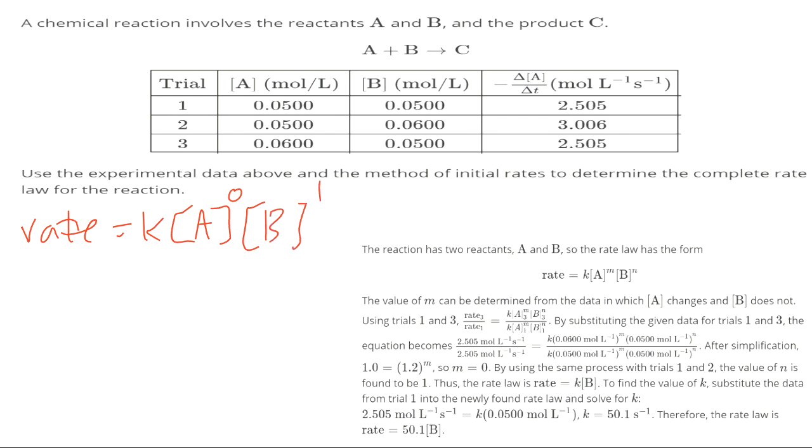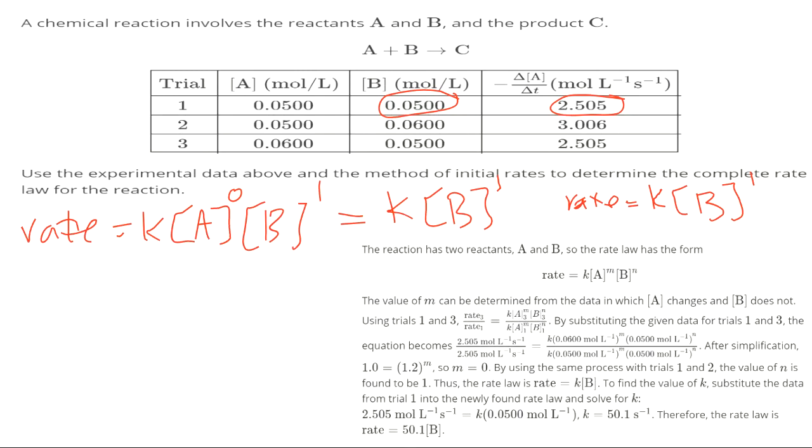And we simplify this to k concentration of B to 1. So we already know this as the new rate law. If rate equals k concentration of B to the power of 1, then we can substitute the values and find the value for k from one experiment. So we need the value for B and we need the rate.